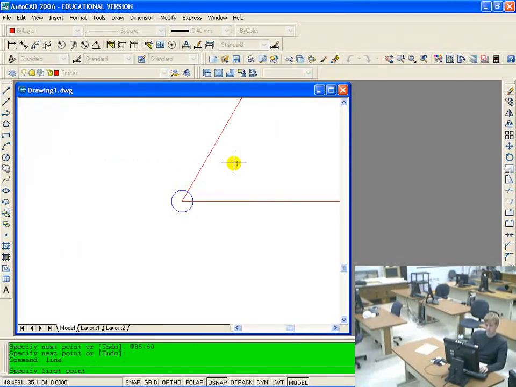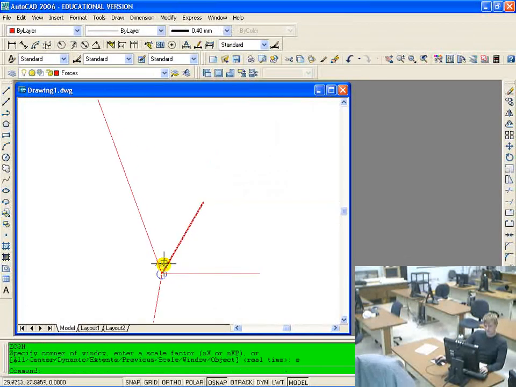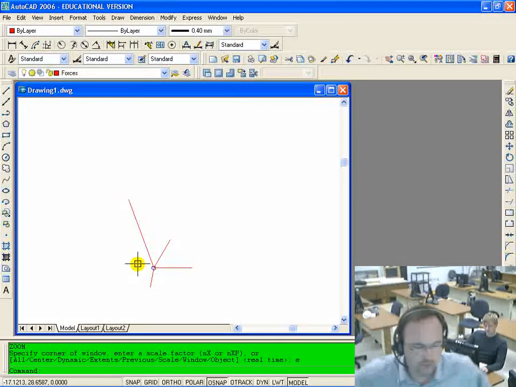And then I'm going to draw a line from the center at 190 pounds at an angle of 110 degrees. And finally, from the center of the circle at 50, angle of 260. Do a zoom extents. And so there's our force vector system. That's what our vectors look like.